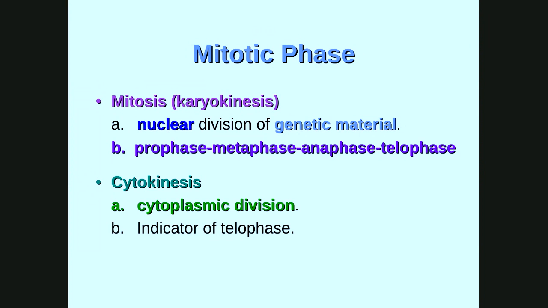In the nuclear division the genetic material also replicates to help in the division, and prophase, metaphase, anaphase, and telophase are the stages of karyokinesis. The cytoplasmic division is the indicator of the telophase stage, showing that the cell is completely divided into two daughter cells.